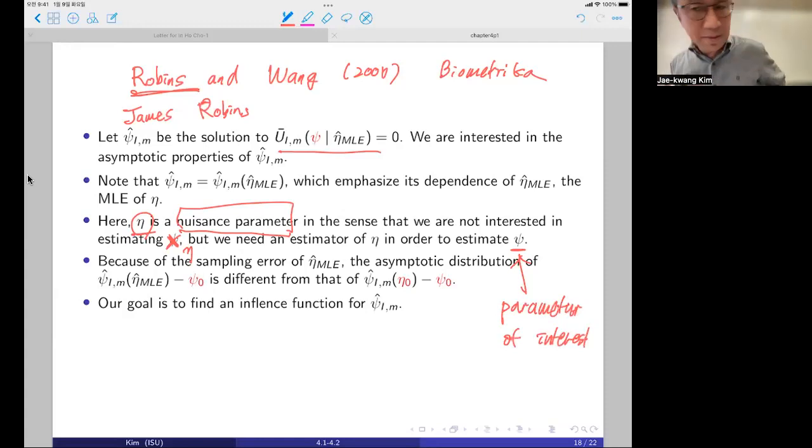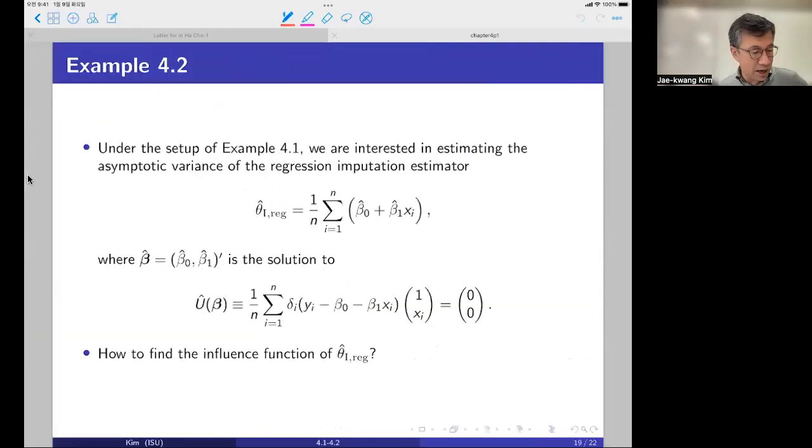So I'm going to use an example. I have less than 10 minutes, but let's see. Remember, this is my regression imputation estimator. Now I have a beta hat estimated from an estimating equation. So how do we find the influence function of the regression imputation estimator? That's the question.